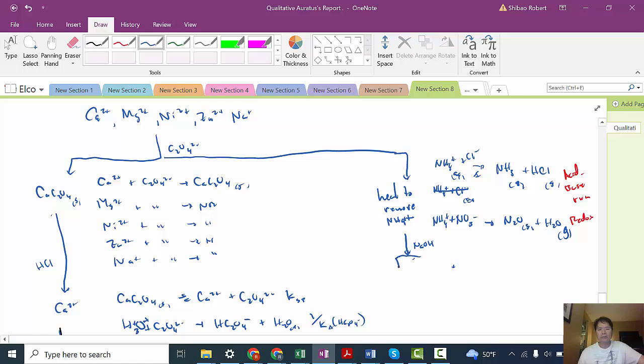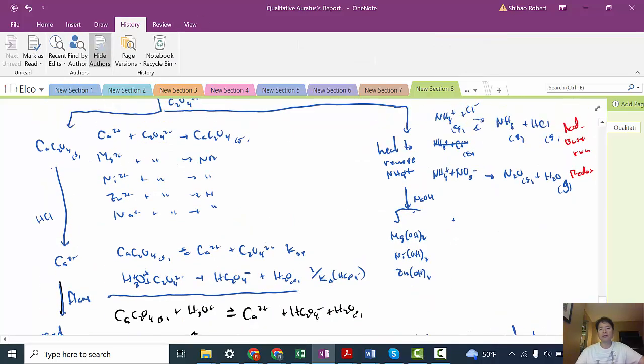It will react with magnesium for magnesium hydroxide. Will it react with nickel? Yes, it should react with nickel to form nickel 2 hydroxide. Will it react with zinc? Yes, it should react with zinc to form zinc hydroxide. There's only one charge on zinc. Will it react with sodium? No, it's not going to react with sodium.